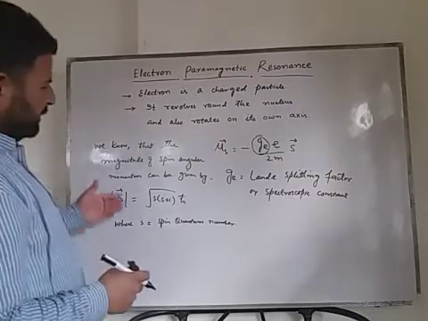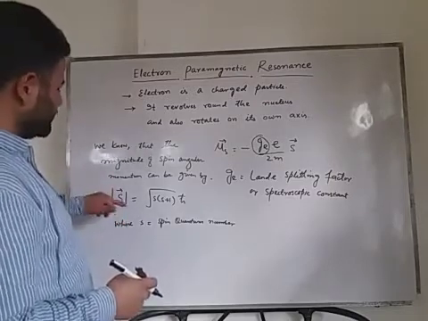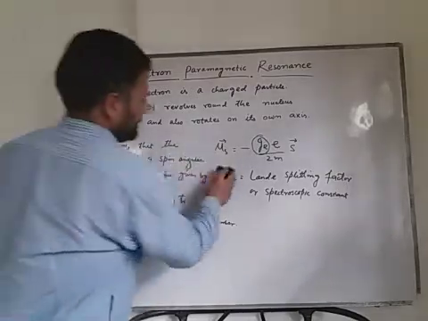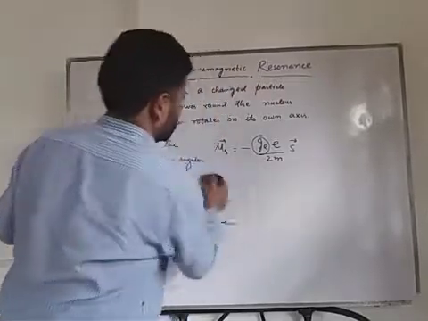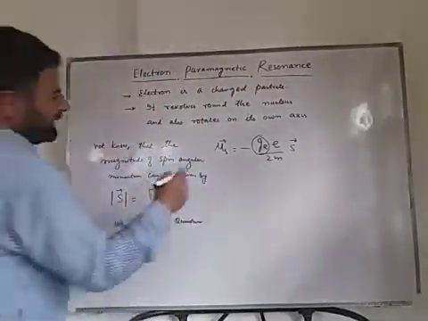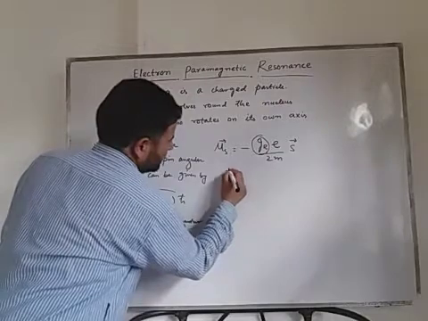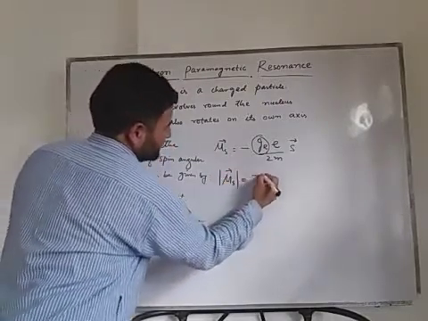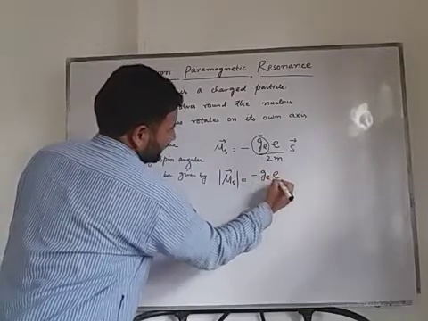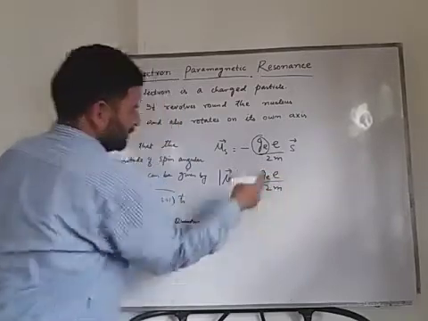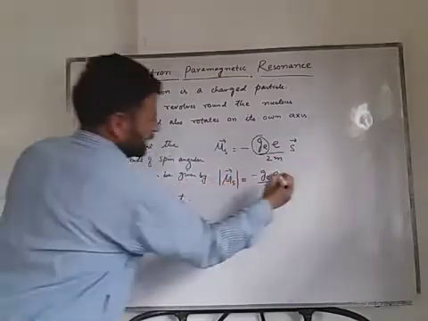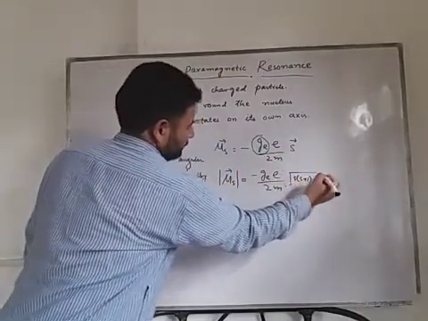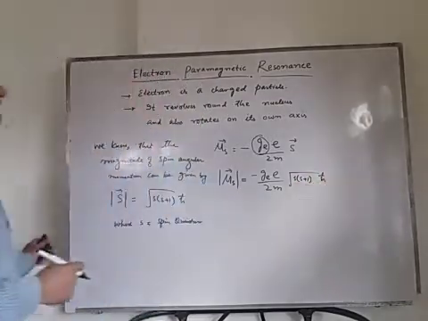So what values can we get if we substitute this magnitude of s in this equation? We will get the magnitude of mu s equal to minus ge e by 2m, and for s we will substitute this, it will be under root of s into s plus 1 h cross.